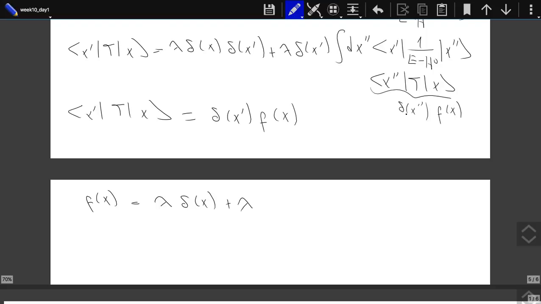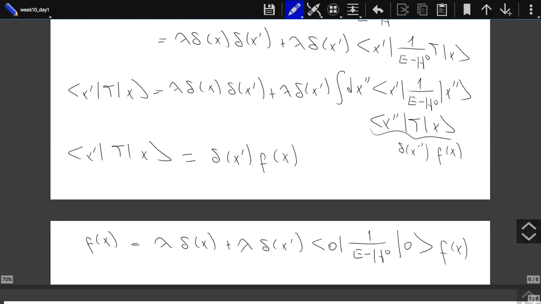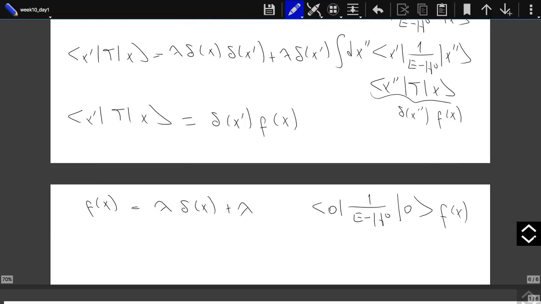So that's what I use in that integral. Then I can just evaluate that integral. So Dirac delta x prime, well, x prime is 0, 1 over E minus H0, integrating over x double prime, that is also 0, times f of x. Now this Dirac delta x prime we had already factored out. This is f of x, okay.